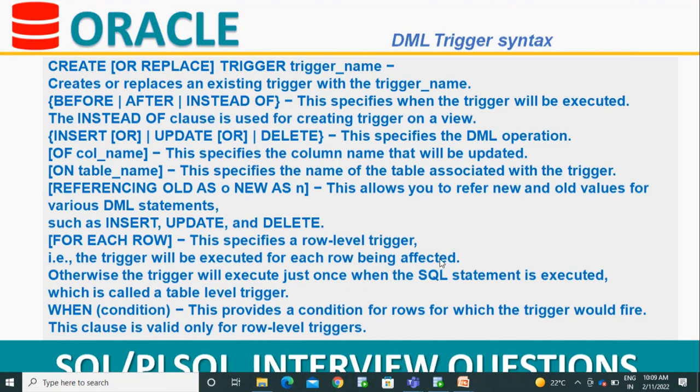For each row అన్నప్పుడు ఒక్కొక్క రోకి ఒక్కొక్కసారి ట్రిగ్గర్ అనేది ఫైర్ అవుతుంది. Otherwise, the trigger will execute just once when the SQL statement is executed, which is called a table level trigger.